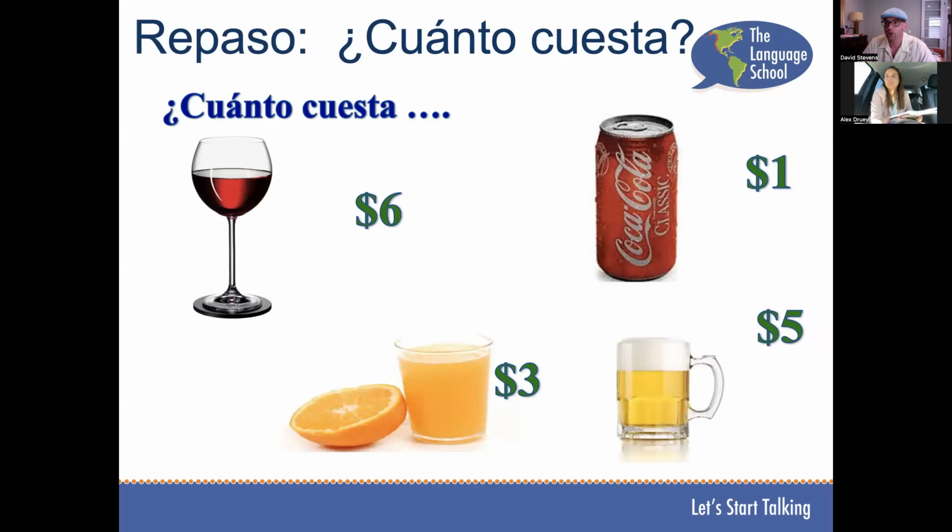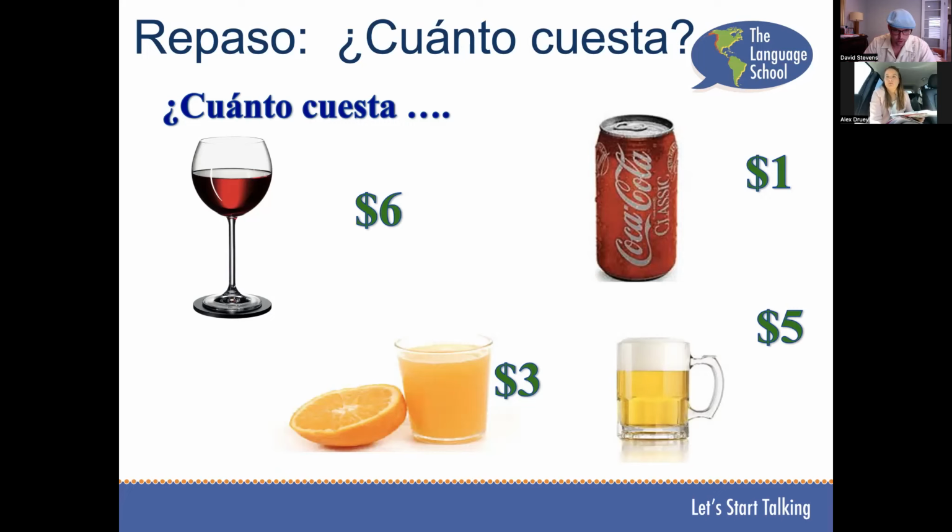Alex, ¿cuánto cuesta una copa de vino? De vino, $6. Ok. ¿Cuánto cuesta un refresco? Un refresco, $1. So don't forget to say cuesta $1.